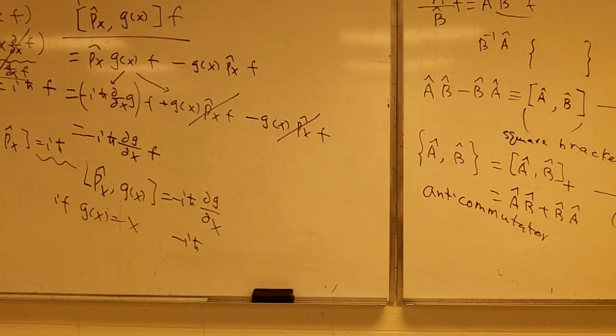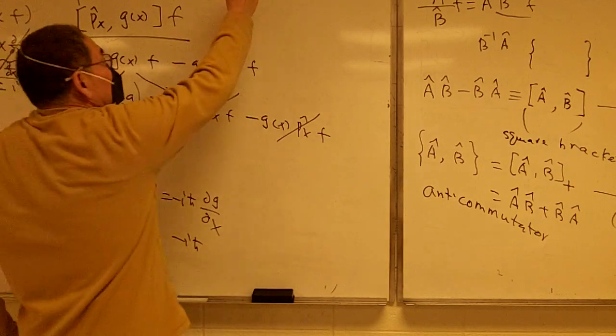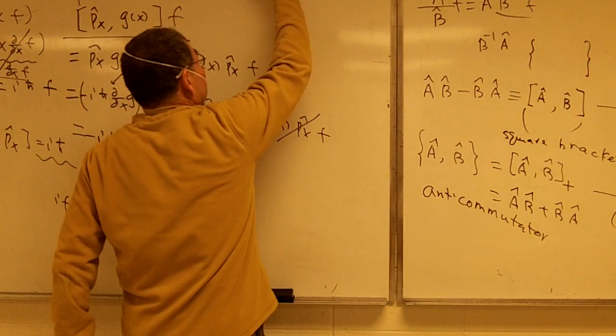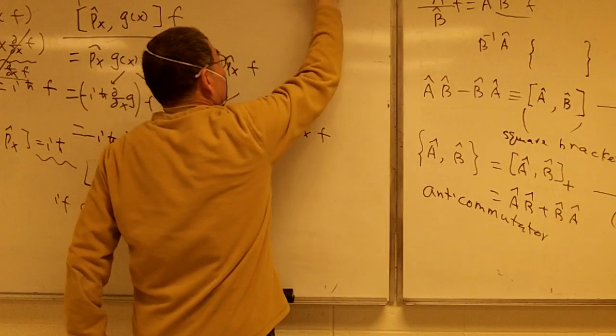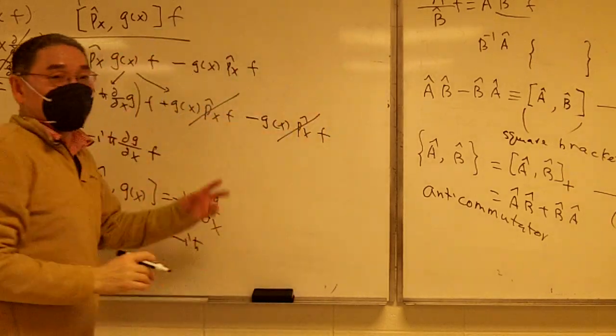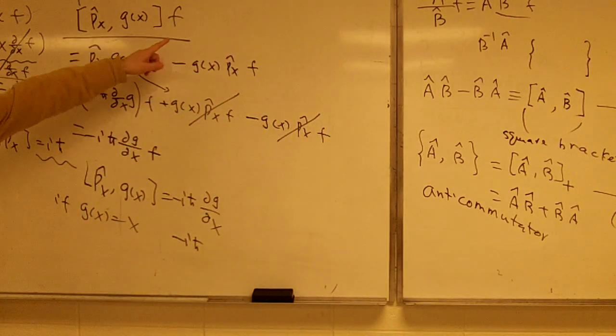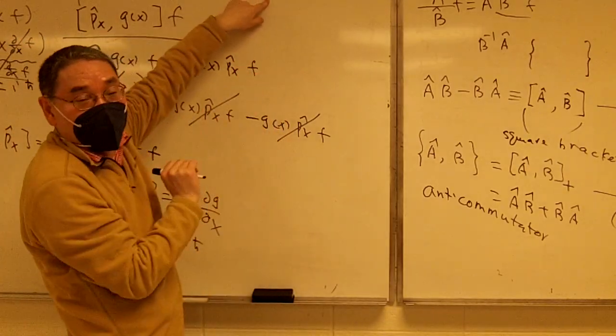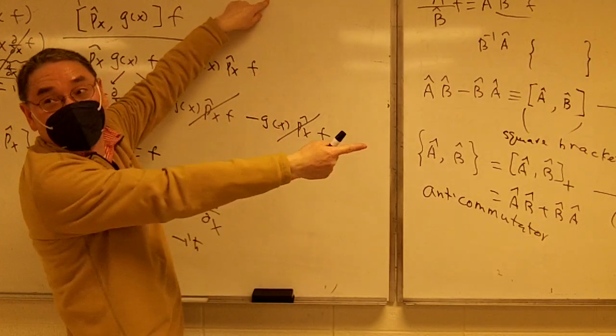In the future, if you have an extra term like this, x squared, let's say g of x like this, folks, please do not be scared by this. If you have something squared or two terms multiplied by each other, you're going to use the rule as we did before.